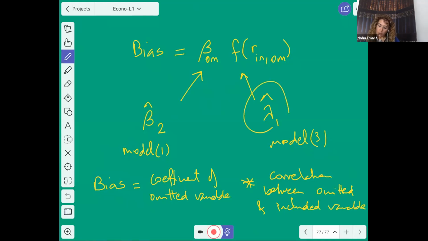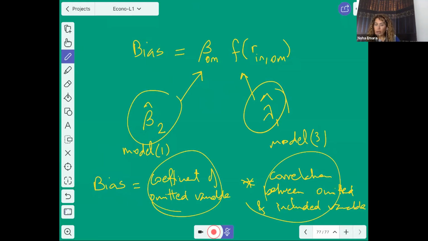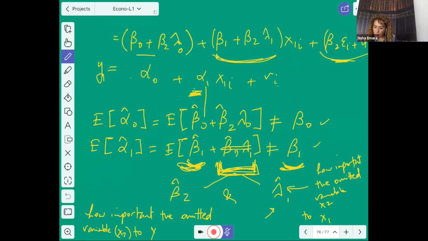So these two parts are related to these two parts. Of course, if the bias is 0, then I don't have any problem. This is the best thing that can ever happen. If the amount of the gap between my estimation and the truth is 0, then that's perfect, right? So back here, if this part is 0, I don't have any problem. Then this one would be equal to this one, and I'm done. But this would be a very ideal world. If the connection between the two is 0, then that's perfect.